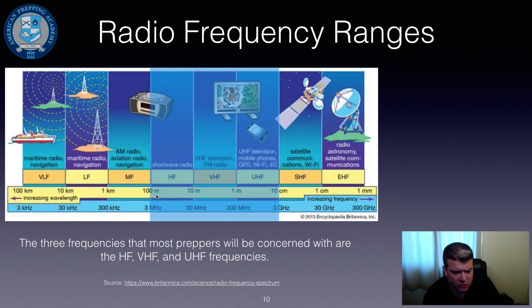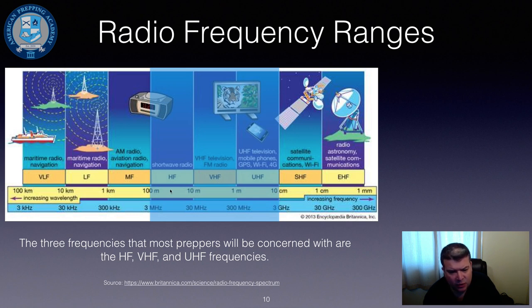So you might also have heard radio bands spoken of in meters, and this is where that comes in. The HF or high frequency band is from basically 100 meters to 10 meters, and that length is the wavelength of the signal. Then for VHF you have from 10 meters to 1 meter, and then for UHF you have from 1 meter to 10 centimeters.